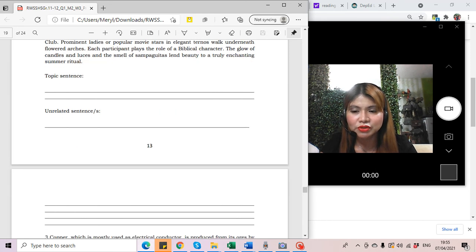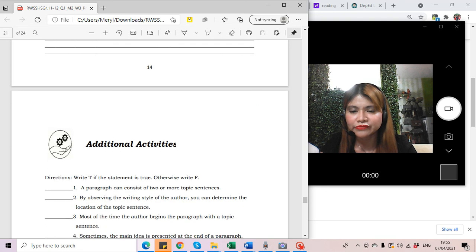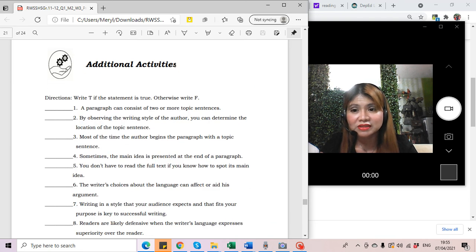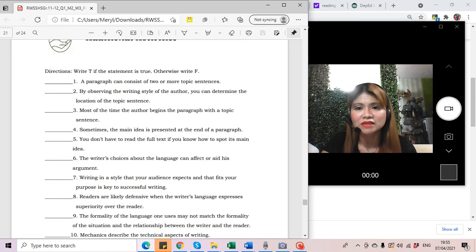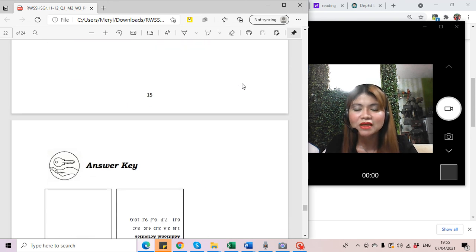Number 1, number 2, number 3, number 4. For the additional activities, directions, write T if the statement is true, otherwise write F. You're just going to write T and F for this additional activity. There you go.